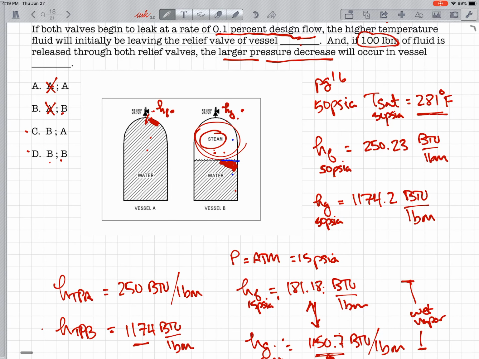The 1 cubic foot of space you made in here is now captured with steam. Now there's 500 cubic feet in this one. I hope that made sense to you.